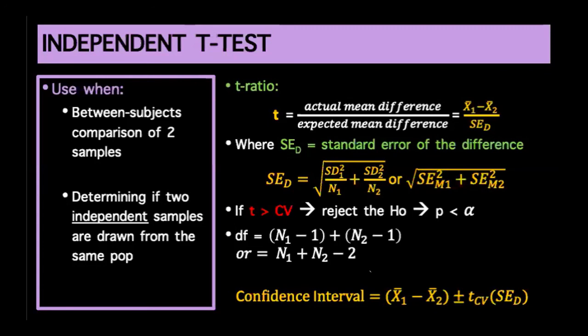So again, our degrees of freedom is going to consider the sum of our samples put together, minus 2, which is representing how many samples we've collected, right? So if you took the degrees of freedom for each sample, that's why I wrote it this way as well, right?